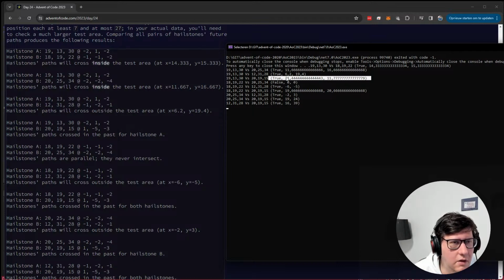I think this one. How come this one is returned? This one is outside the range. 6 and 5. No, this will not tell you if it's in the past, it will just tell you the point. Okay.